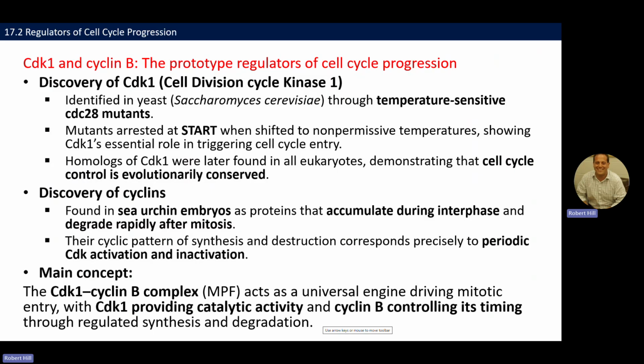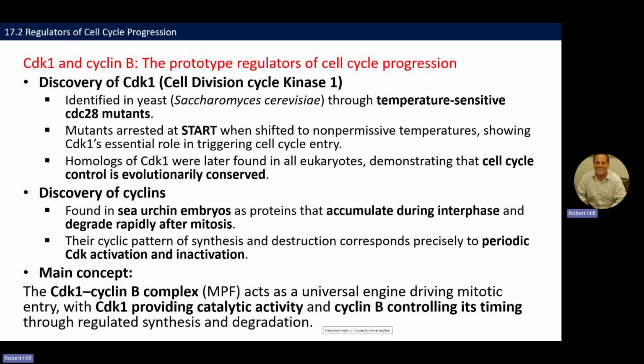CDC28 is the gene that codes for cyclin-dependent kinase 1, CDK1. Since these cells arrested at start at the restrictive temperature, we know that CDK1 is essential for triggering cell cycle entry. It was also found that CDKs are evolutionarily conserved across all eukaryotes.